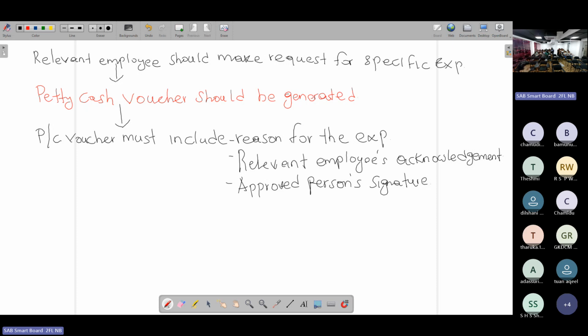That acknowledgement should be available, and this petty cash voucher must be approved by an authorized person. Normally the petty cashier.